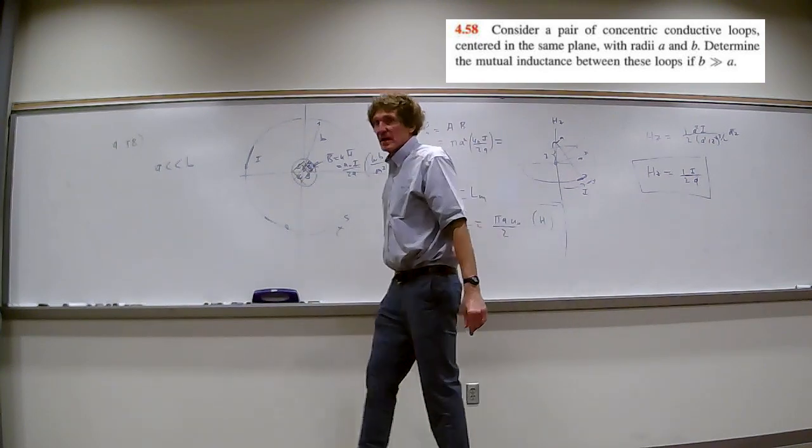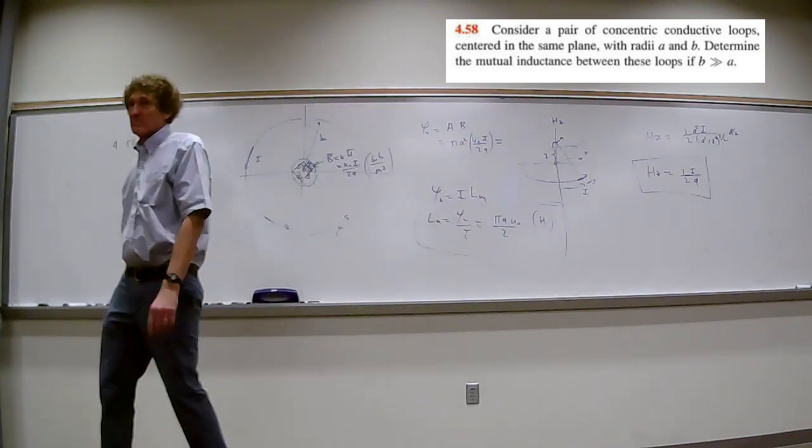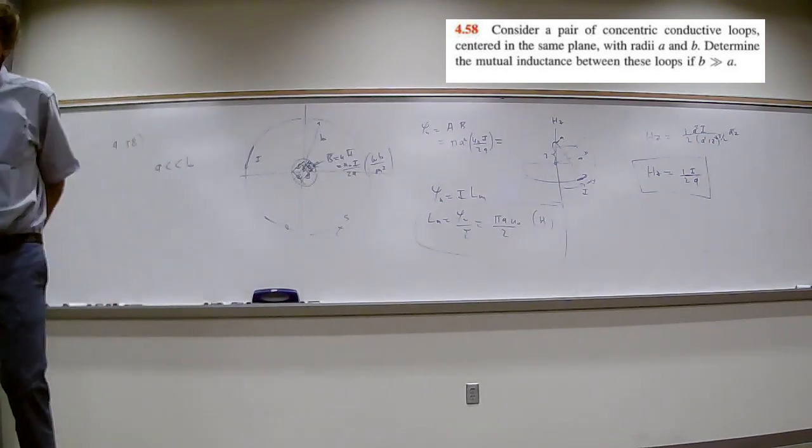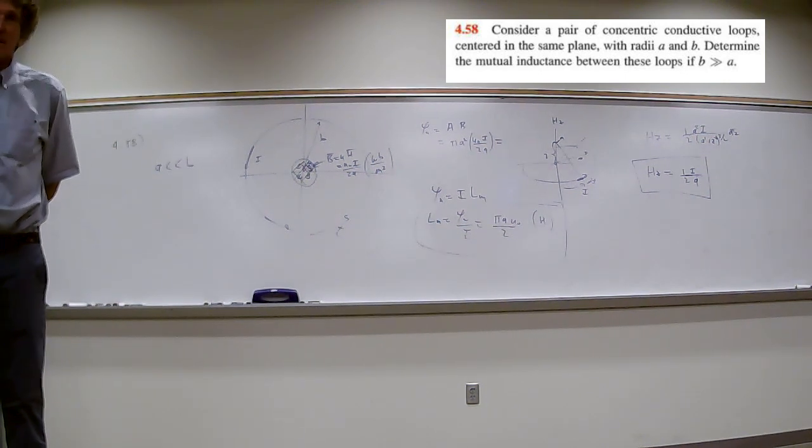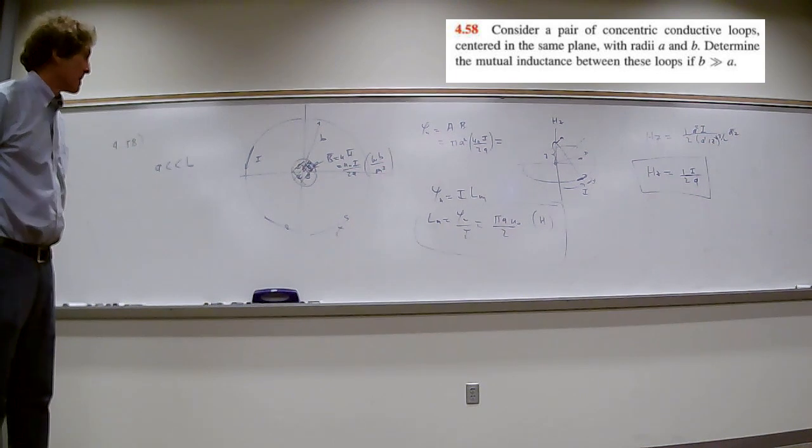Does that agree with the answer in the text? I don't know, but I hope it does. Anybody confirm that? Yes? No? Anybody? Let's look. I think the A is squared.